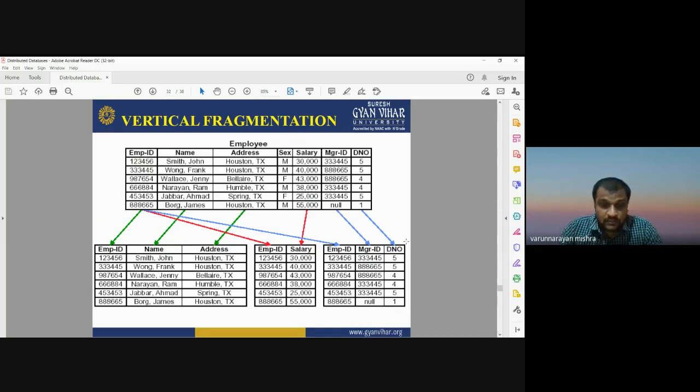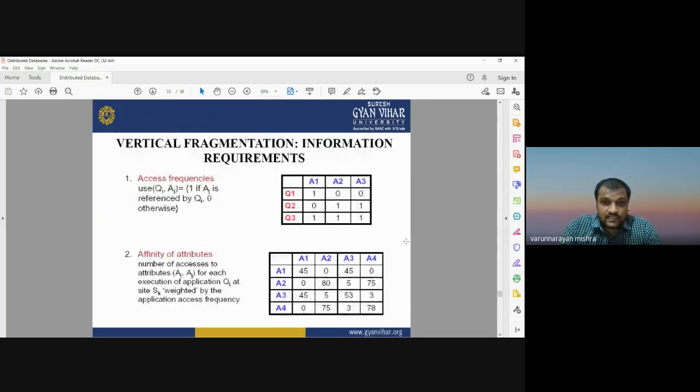It is much more complicated than the horizontal fragmentation. Under vertical fragmentation, some basic information is required for performing it. One is access frequencies, which use Qi and Aj: one if Aj is referenced by Qi, and zero otherwise.